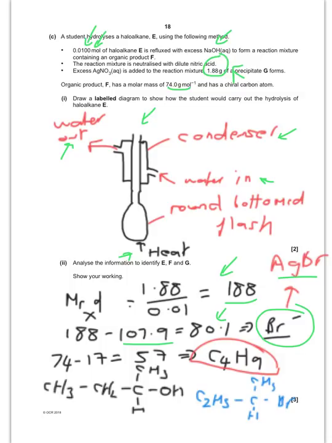So you take your 74 and you minus 17, which is the molar mass of OH, and you get 57. And 57 comes to C4H9. And then it's a matter of playing around. So if you've got 4 carbons, you need a chiral carbon in there. So there's your chiral carbon there. You've got your OH group attached, you've got an H, and then you have a methyl and an ethyl group, and that will give you your chiral carbon. And therefore the corresponding haloalkane E is shown in blue there.